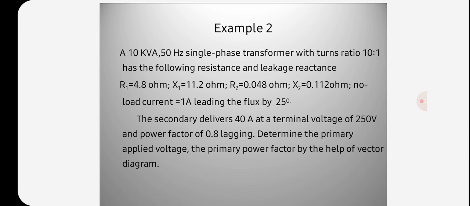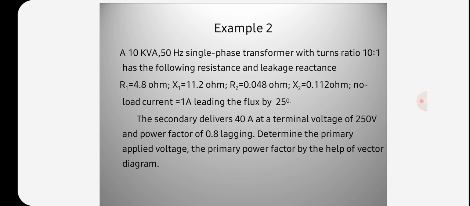Second example, that is the 10 kVA 50 Hz single phase transformer with turns ratio 10 is to 1 has the following resistance and leakage reactances. So in this, R1 is equal to 4.8 ohms, X1 is equal to 11.2 ohm, R2 is equal to 0.048 ohm, X2 is equal to 0.118 ohms.